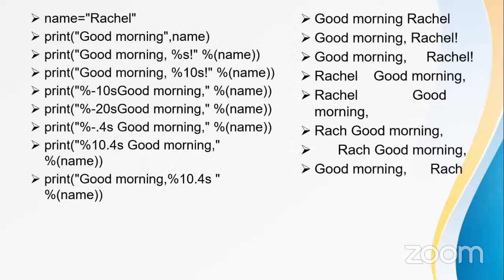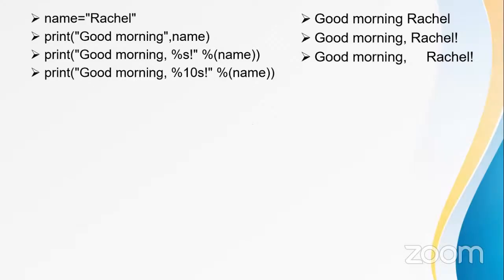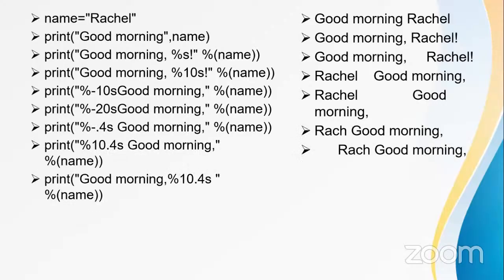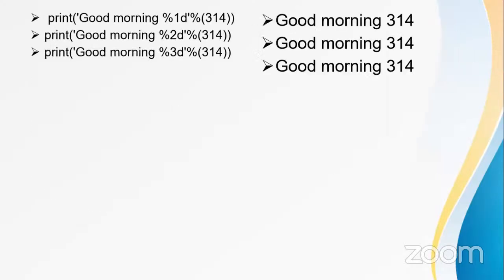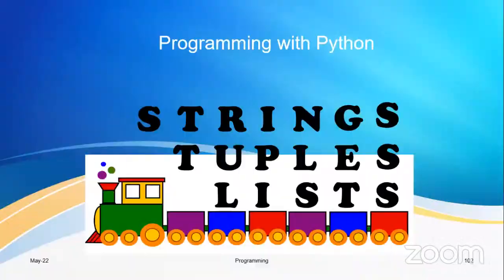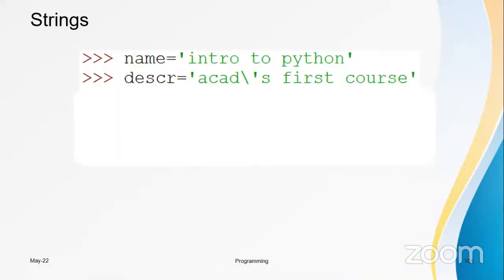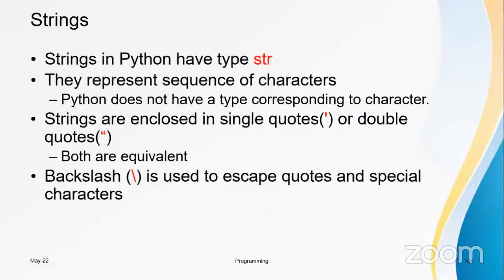The backslash itself is an escape character. A backward slash is nothing but a special character, and in computing we call it the escape character. When you use the backward slash, it can be used for a tab, a new line, or to bring it back to the carriage return.